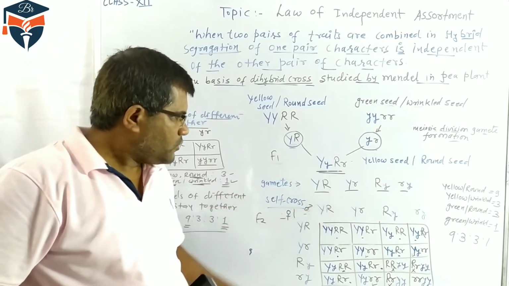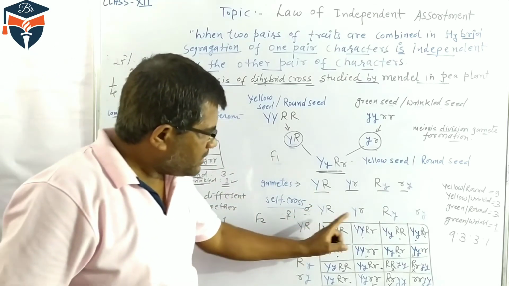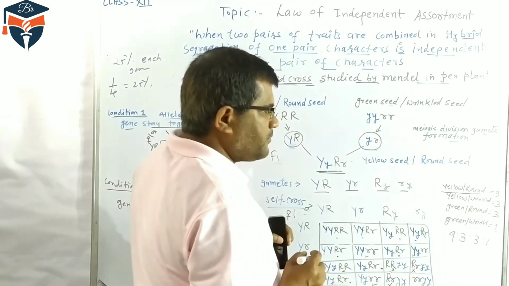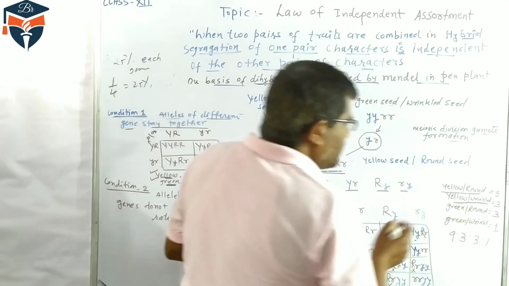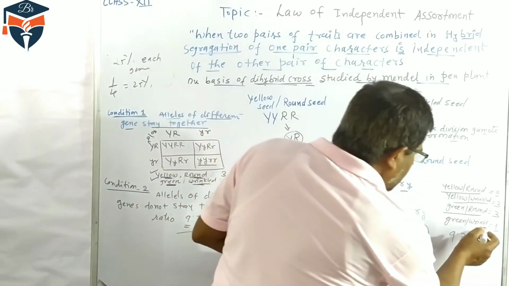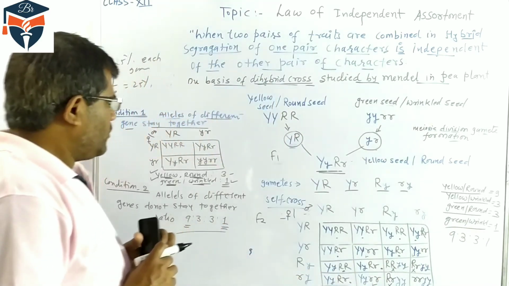So when the male gamete and female gamete of the F1 progeny undergo self-pollination, what are we getting? We are getting this result: yellow and round 9, yellow and wrinkle 3, green and round 3, green and wrinkle 1.